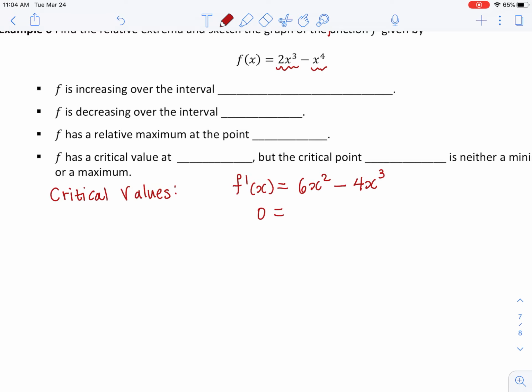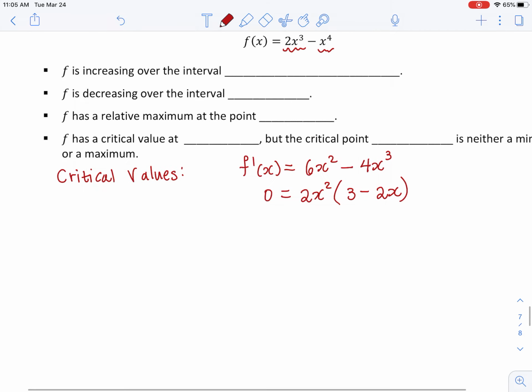The greatest common factor looks like 2x squared. If I factor out 2x squared, I'm going to get 3 minus 2x. Once it is completely factored, I'm going to set each of these factors equal to 0. 2x squared equals 0.